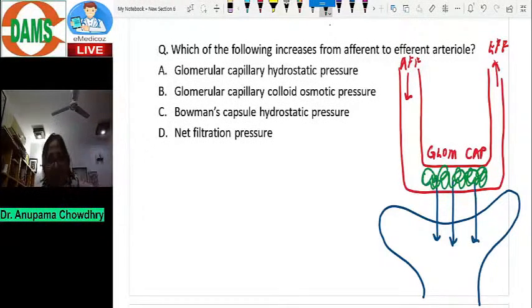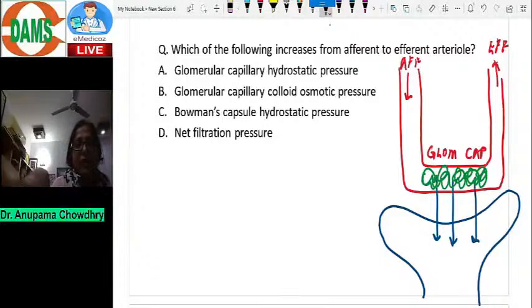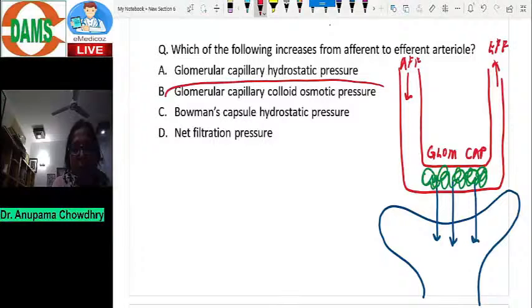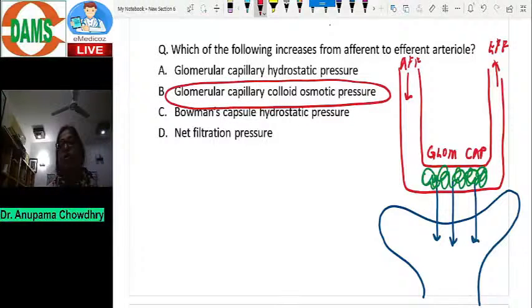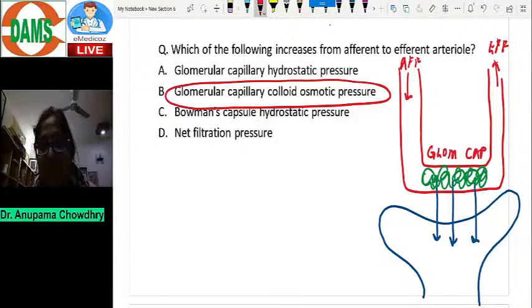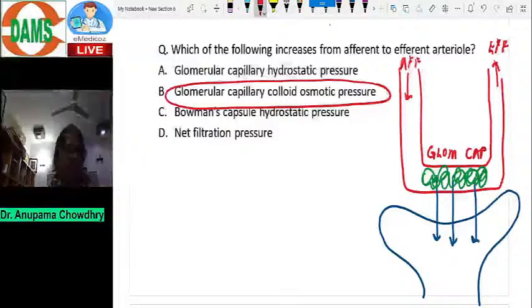So if water and other ions and other substances are being filtered, and proteins are not being filtered, the concentration of proteins will keep on increasing from the afferent to efferent arteriole. So the glomerular capillary colloid osmotic pressure will show you an increase. The concentration of proteins rises and the glomerular capillary colloid osmotic pressure will increase.